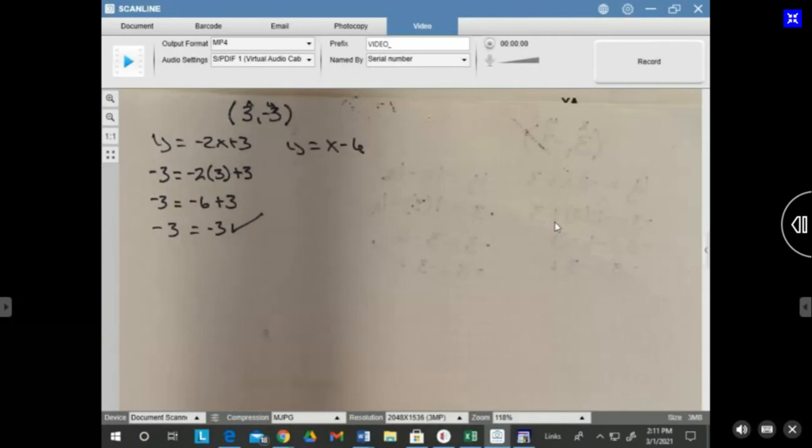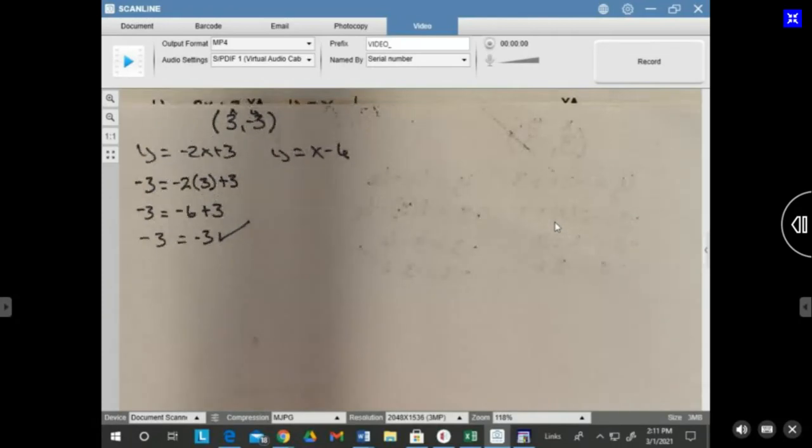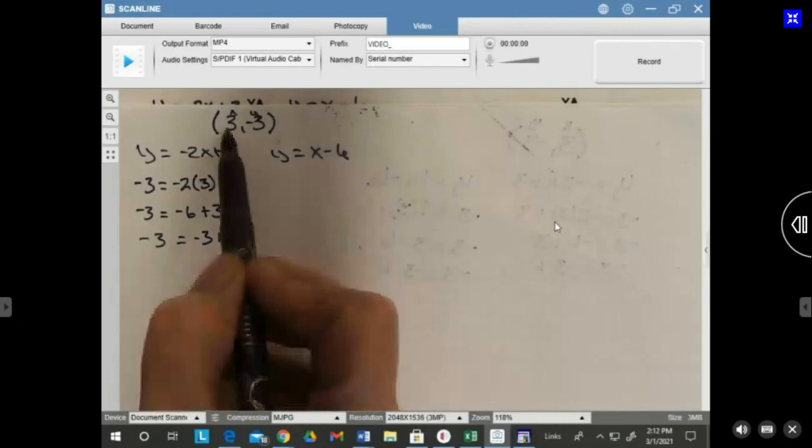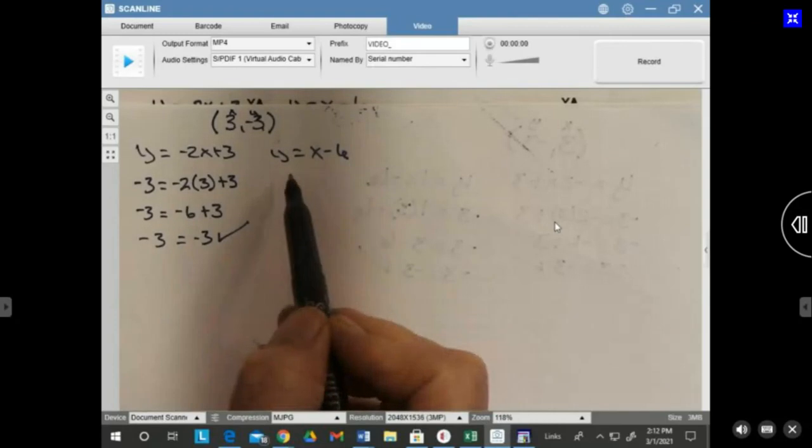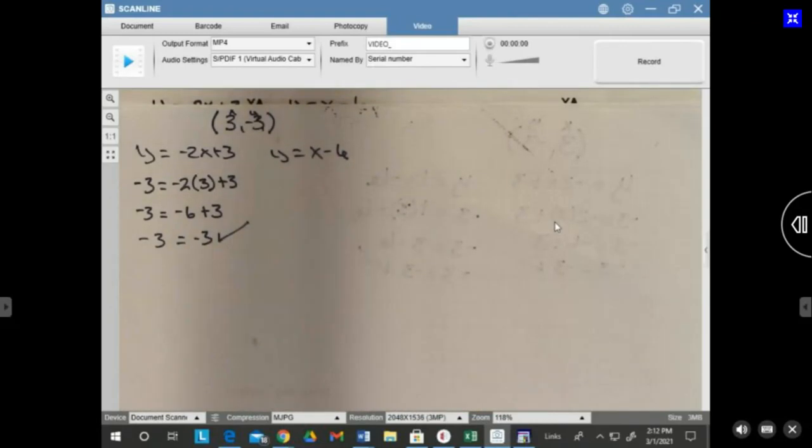All right, check your y equals x minus 6. Just check it. Plug in x and y. That's your second equation. You have to check them both. I want you to do it on your paper.